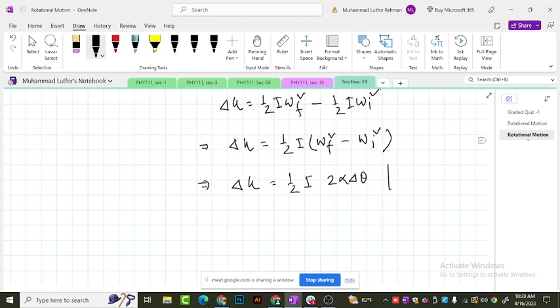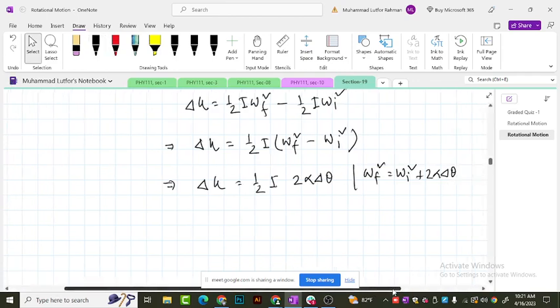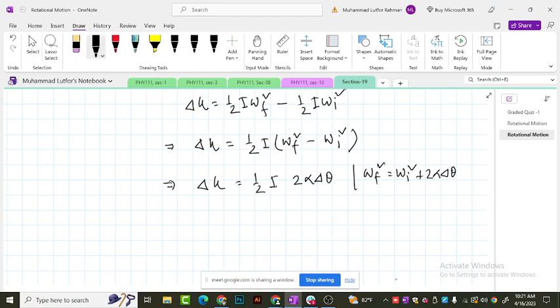If you ask me, you have the formula omega F square equals omega I square plus 2 alpha into del theta, right? It is the same as v square equal to u square plus 2ax. For the rotational case we write it in terms of angular velocity: omega F square equal to omega I square plus 2 alpha into del theta.